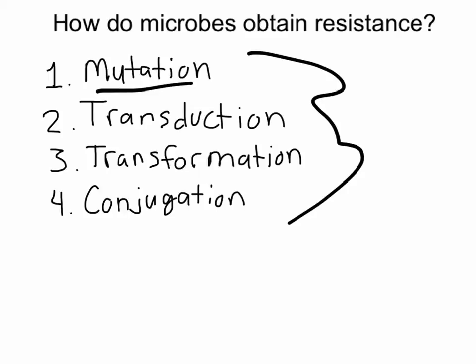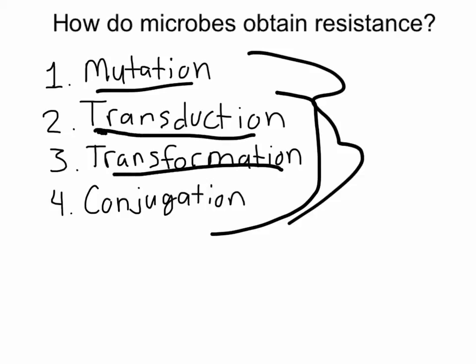So a bacteria can have a mutation that ends up making it resistant, or it can obtain new genes. And it can obtain new genes through transduction, transformation, or conjugation. I don't have time to explain any of those things.